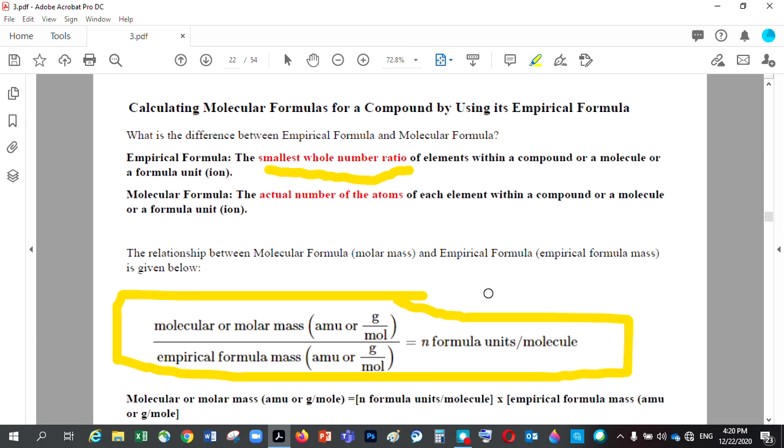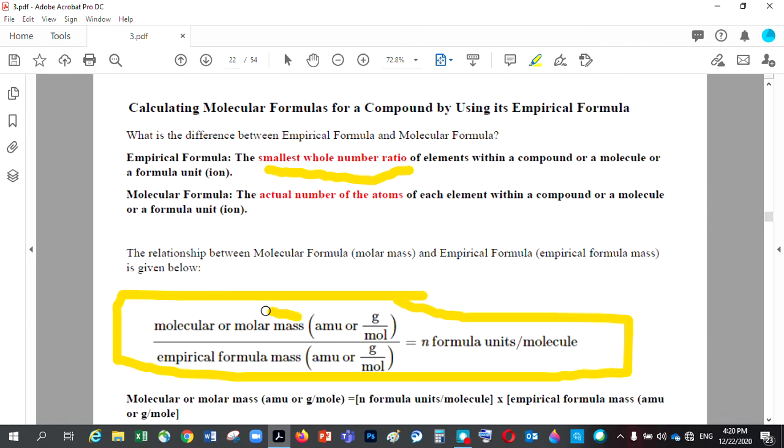But back to this formula here, if I have the molecular mass, correct, in AMU, if you recall, molar mass is given a unit of gram per mole, or AMU, if you recall back in Survey of Chemistry 1, Introductory Chemistry. AMU stands for atomic mass unit, or gram per mole. 1 gram per mole equals 1 AMU, correct?